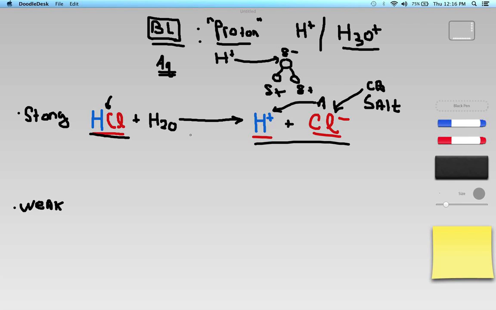And you can see that this arrow points from the left to the right, which shows that this chemical reaction really only moves one way.